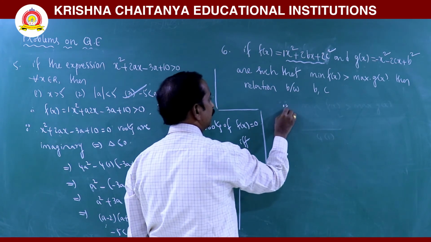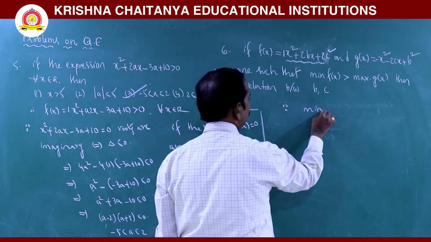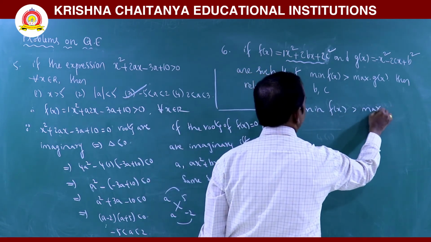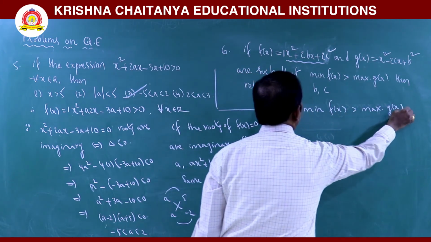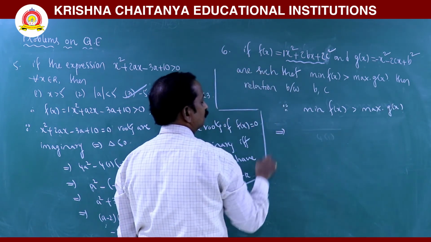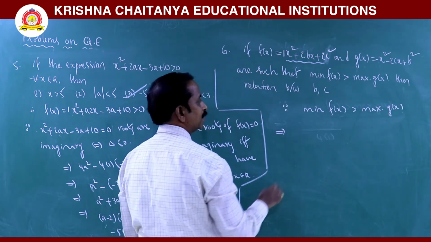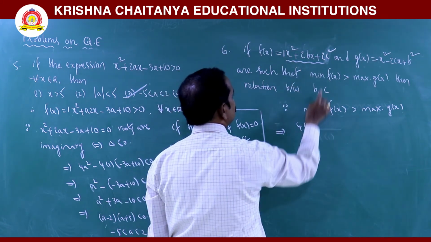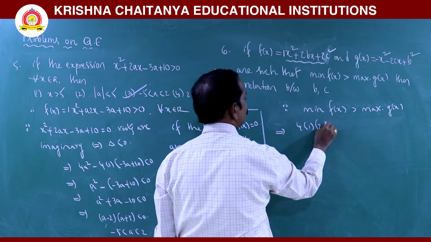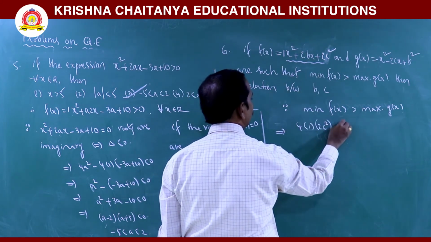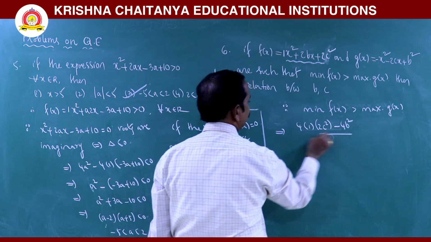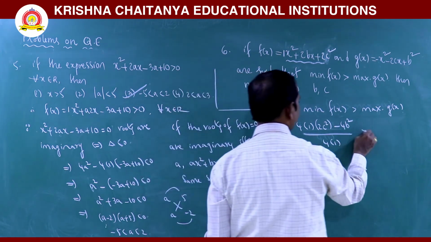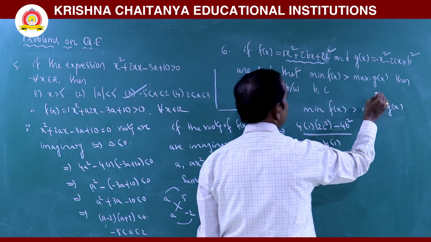So given data, the minimum of f of x is greater than the maximum of g of x. Minimum of f of x is 4ac minus b square by 4a: 4a value 1, c value 2c square, 4ac minus b square, 4b square, divided by 4a, a value 1, greater than the maximum of g of x.